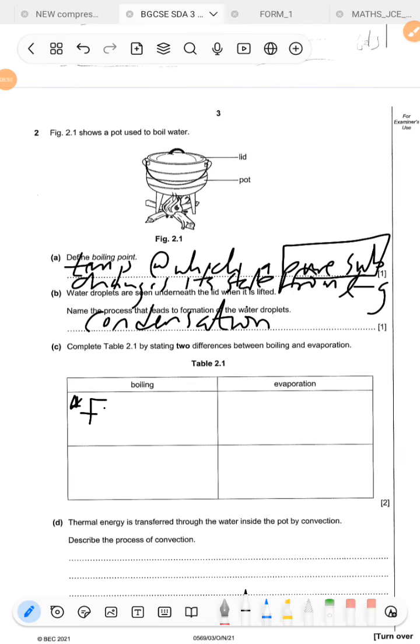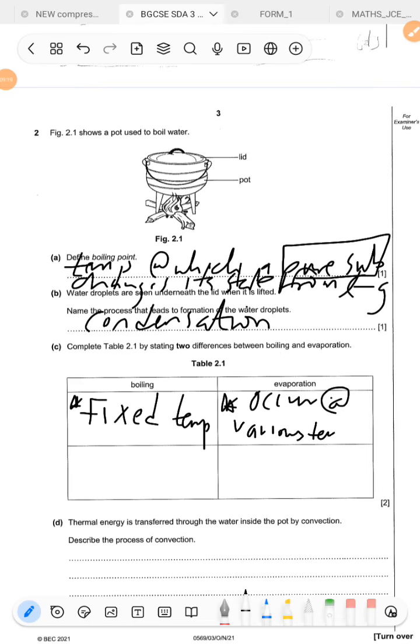For example, water boils at exactly 100 degrees Celsius at sea level. Whereas evaporation happens over a wide temperature range. So this process happens at various temperatures. Evaporation occurs at various temperatures.